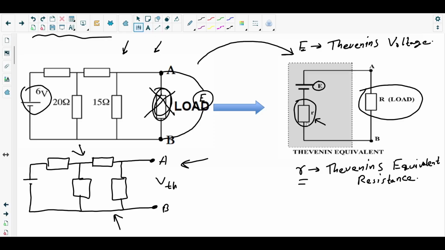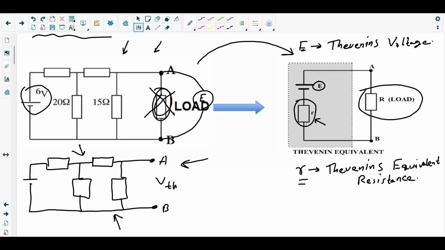Now come to the question. The question is why the internal resistance r is connected in series with the load resistor. Because we got the PD across the terminal AB, which was supposed to be just across the load resistor, not the internal resistance, because we are calculating across the terminal AB.